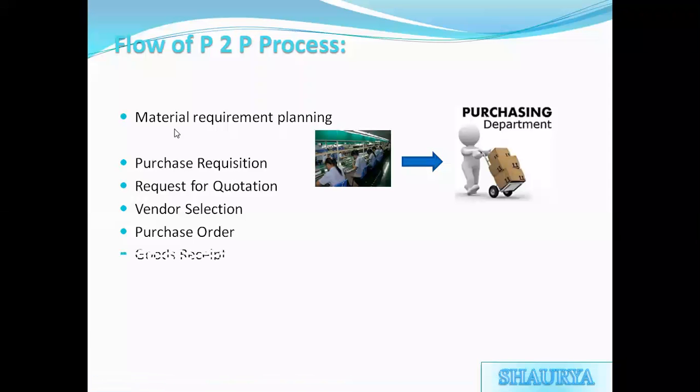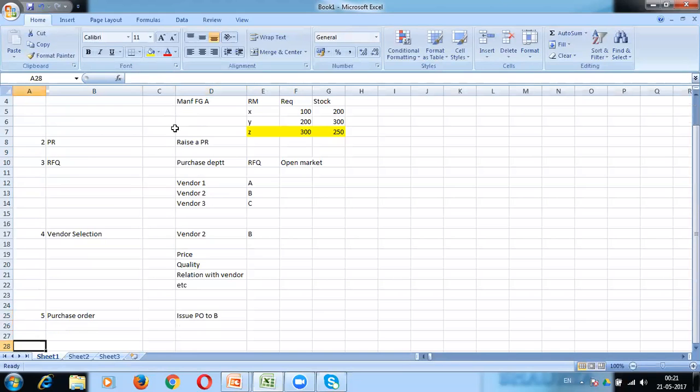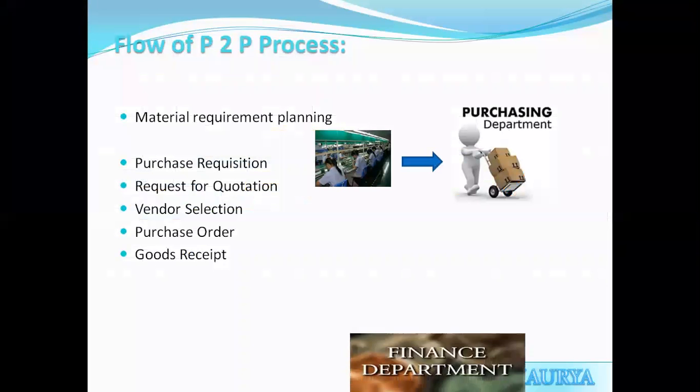What is next? Purchase order. After selection of vendor B, we issue a purchase order to B. What is next?